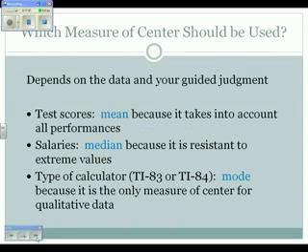In salaries, though, particularly if you're looking at different places to live or different companies to work with, you would want to look at the median salary because the median is more resistant to change.